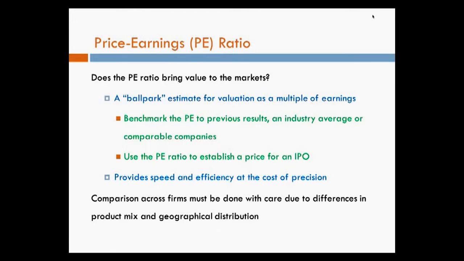So it can be done like the morning of to establish that price. When they do an IPO, the price is defined the morning of, and so you can wait for the very last minute. It provides speed and efficiency traded off with precision. So, in the market, speed and efficiency wins. You want to be the first to know something.